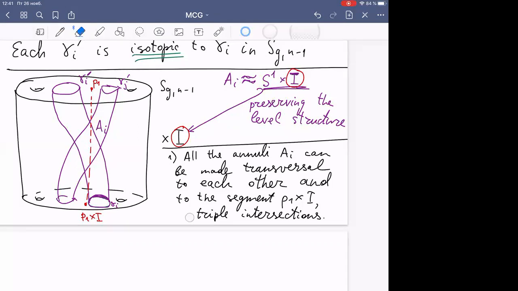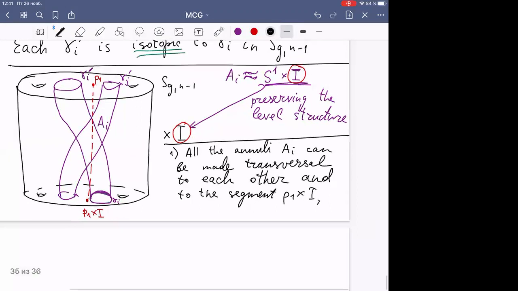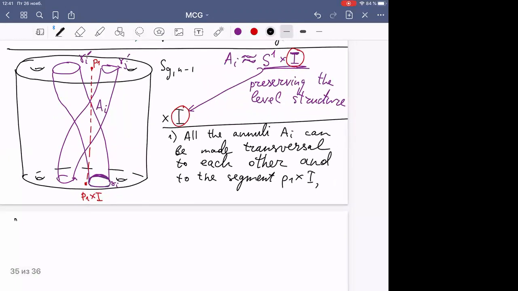Yes, I don't want to do this. Okay. Triple intersections about cylinders are allowed, but what I would like is that it is not allowed that the segment P1 times I intersects two cylinders simultaneously.